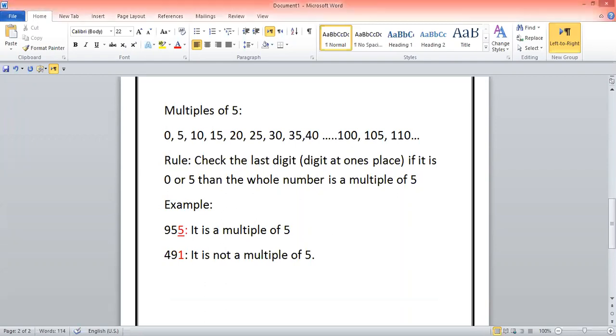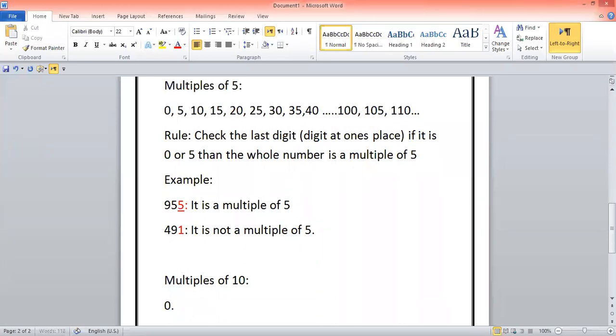Now write multiples of 10. Multiples of 10: 0, 10, 20, 30, 40, 50, and so on. 100, 110, 120, and so on.